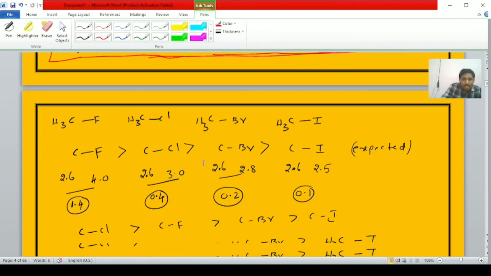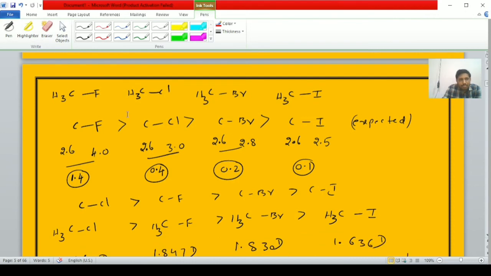let us consider some examples. Observe the cursor, student. Say, student, CH3F, CH3Cl, CH3Br, CH3I.